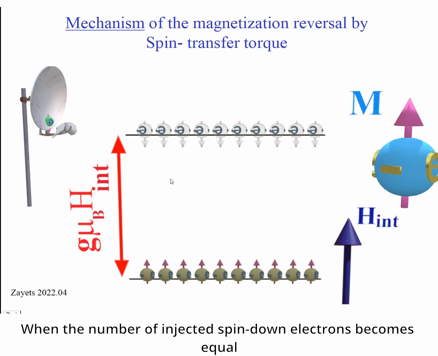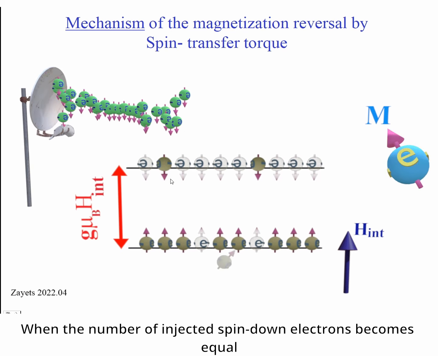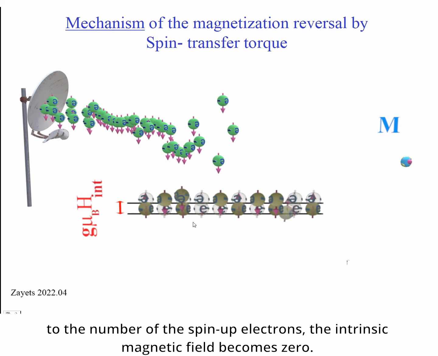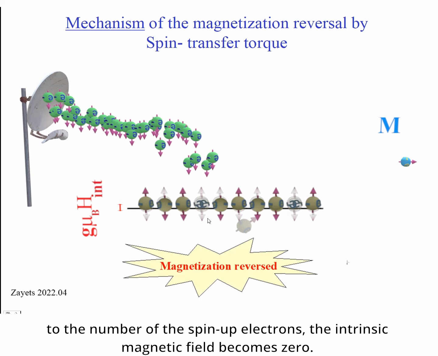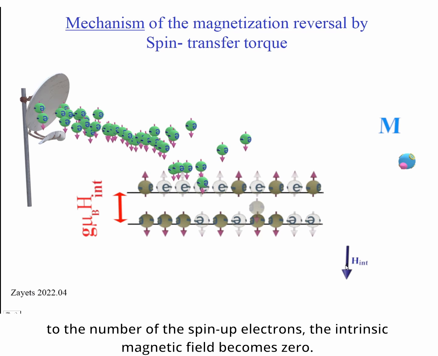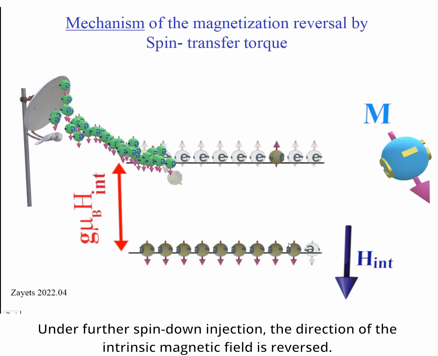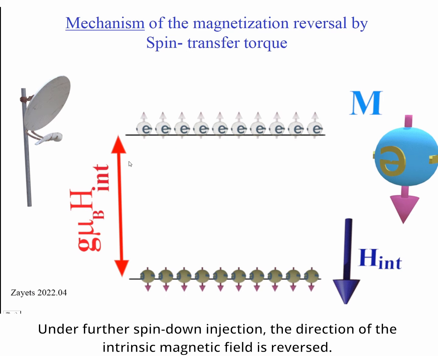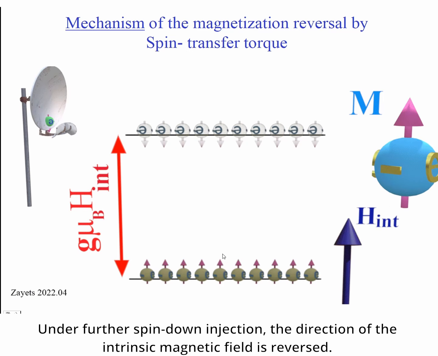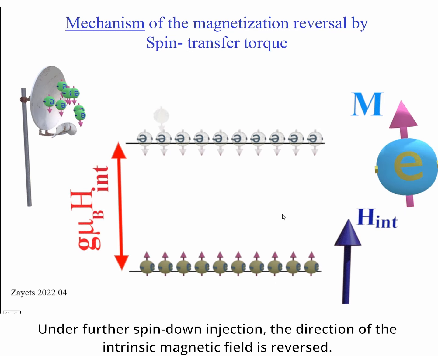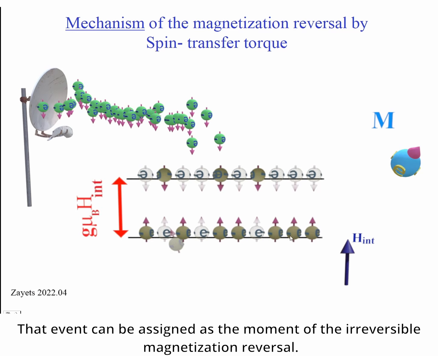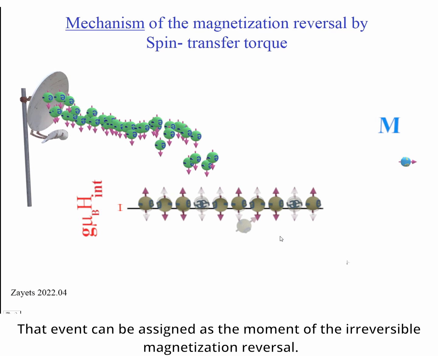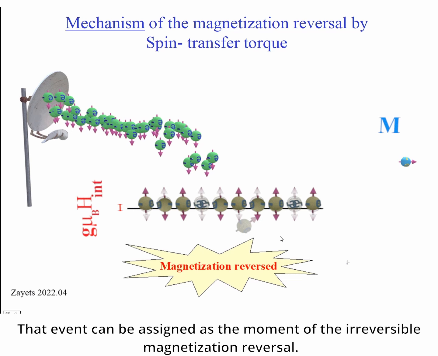When the number of ejected spin-down electrons becomes equal to the number of spin-up electrons, the intrinsic magnetic field becomes zero. Under further spin-down injection, the direction of intrinsic field is reversed. That event can be assigned as a moment of irreversible magnetization reversal.